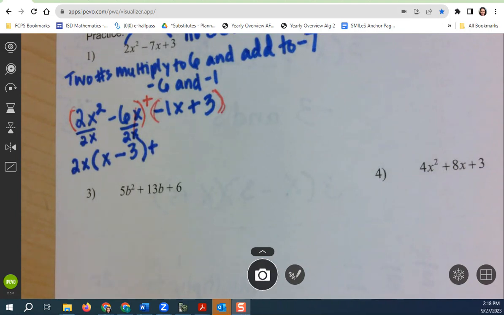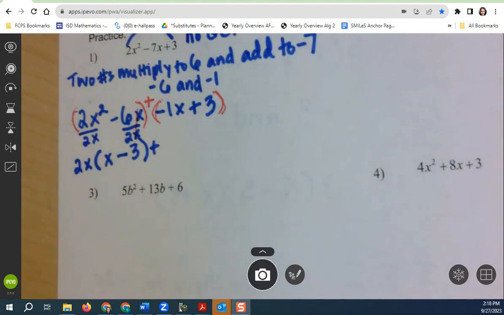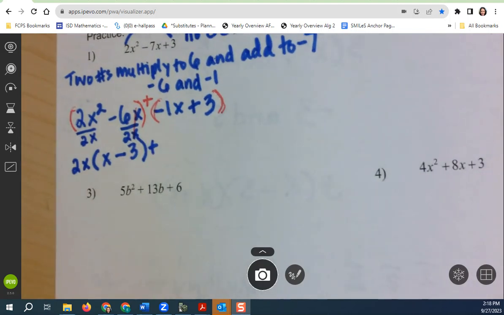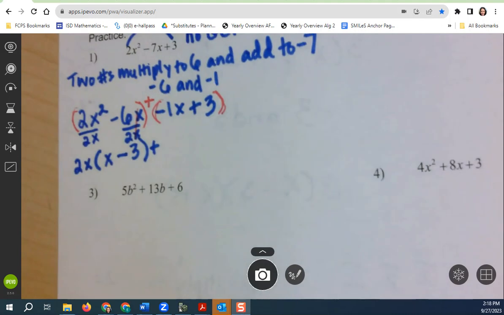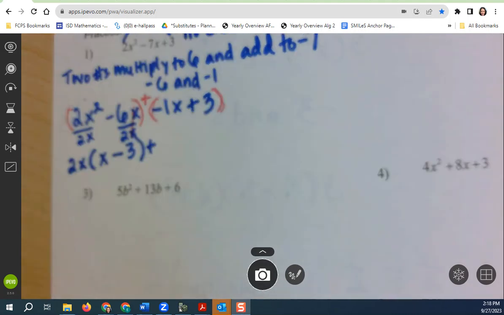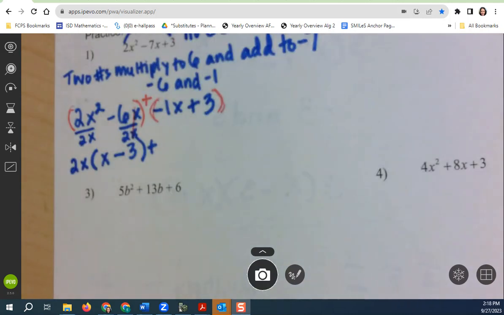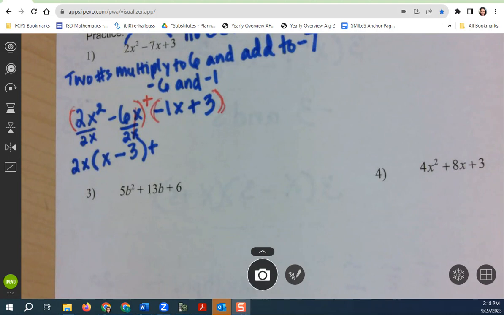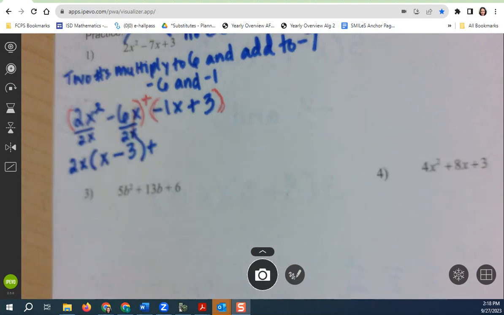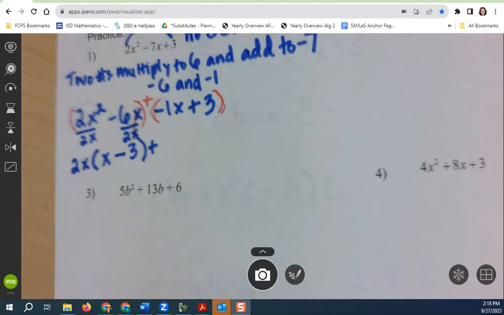All right, what number can I divide -1 and 3 by? Nothing really, right? Except for maybe 1. What about, do they both have x? Okay. This is the only case when we're factoring by grouping that you will factor out a 1 or a -1, because you have to factor something out.